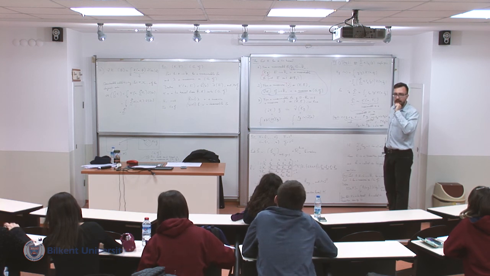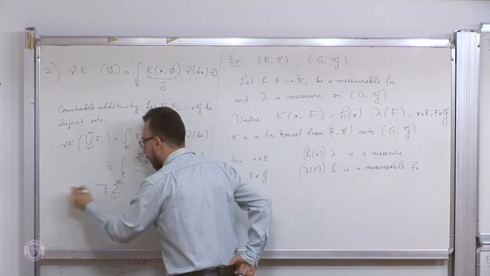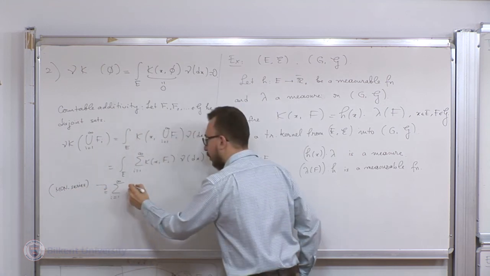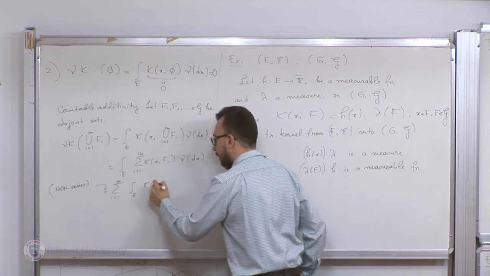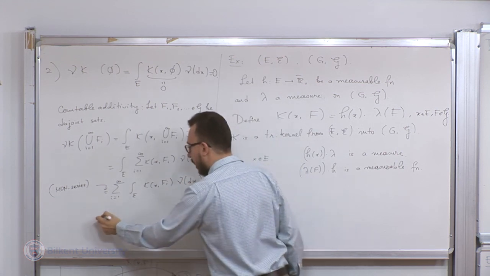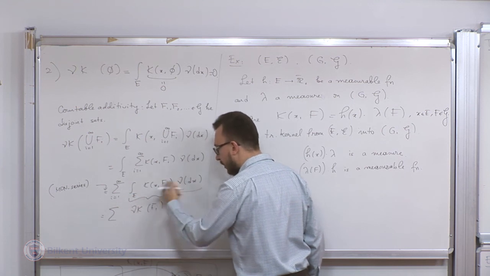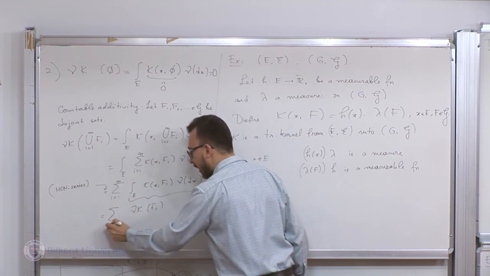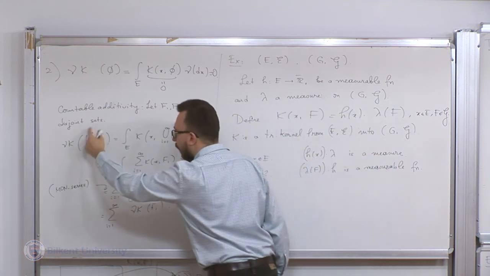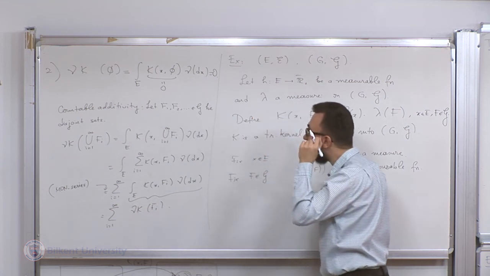It was the series form of the monotone convergence theorem. So let me write mon series. Okay, so I can swap this order. And now this is nu k of fi, right? By definition, this is nu k of fi. And this is what I'd like to show because nu k of the union is the sum of nu k's. So this shows countable additivity.